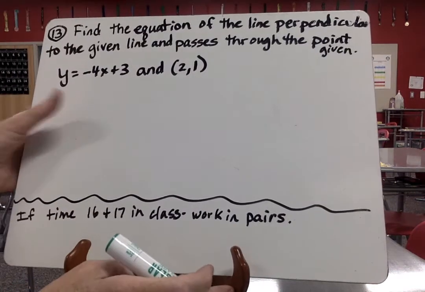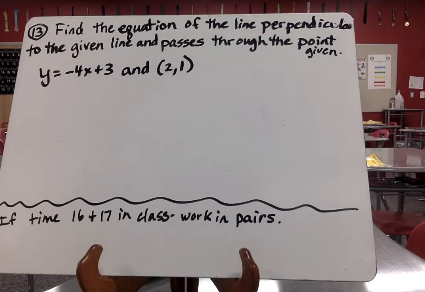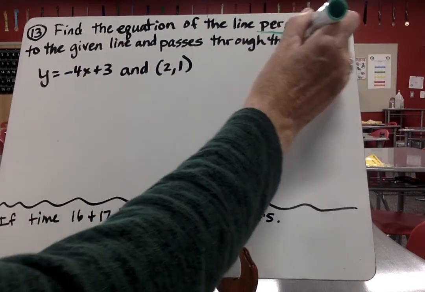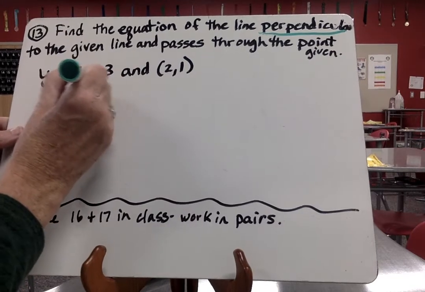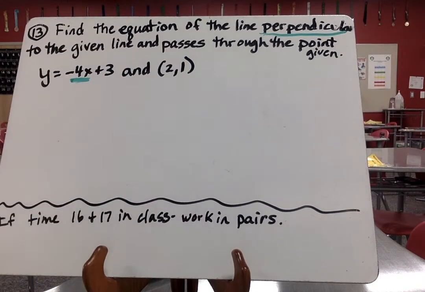Okay, now we have to find the equation of the line perpendicular to the given line and passes through the given point. So here we have our equation. What happens if it's perpendicular to a line? You can pause the video and answer that question. Okay, so remember, perpendicular has to be the inverse, the negative reciprocal of this -4.